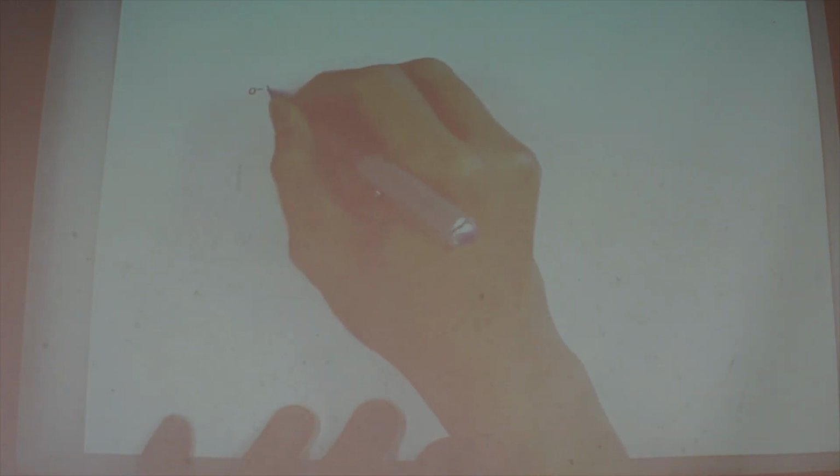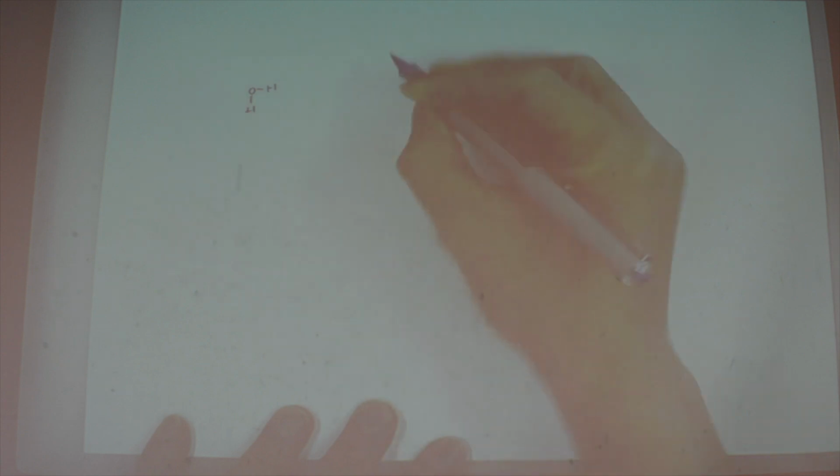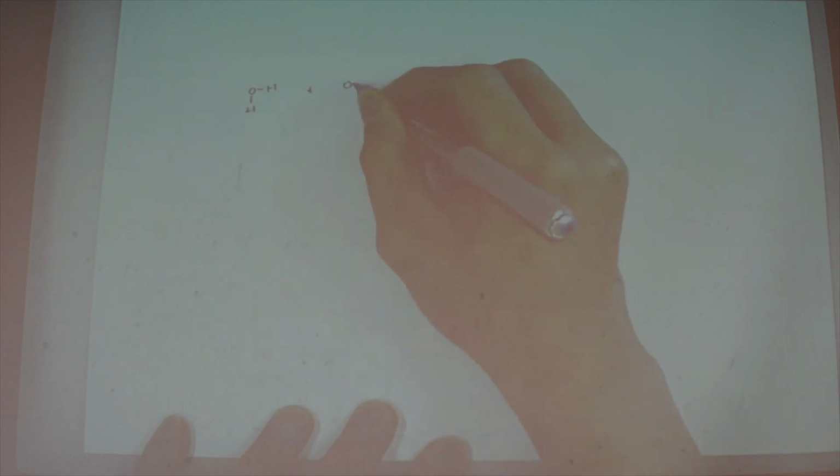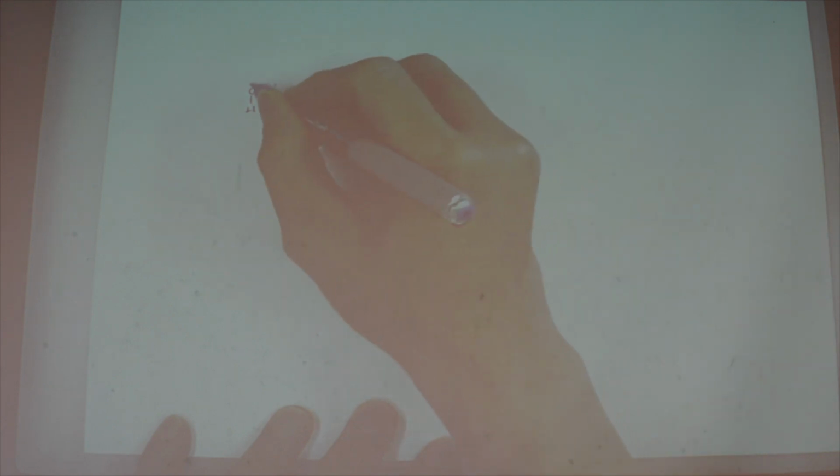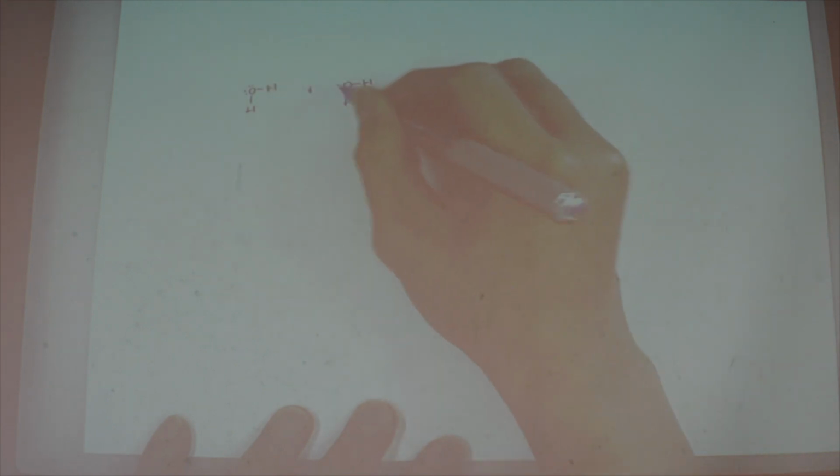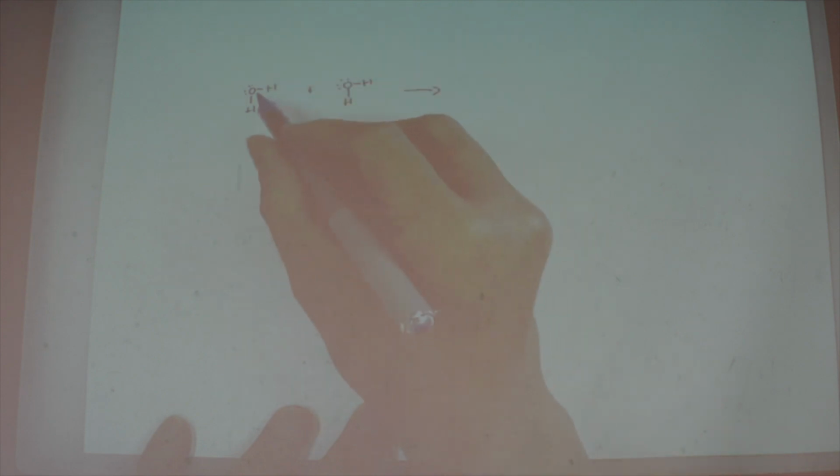So let's take a reaction between water and water. We have water here, H2O, and we're going to react that with another water molecule. Let's say this water molecule is going to donate its proton to this water molecule.